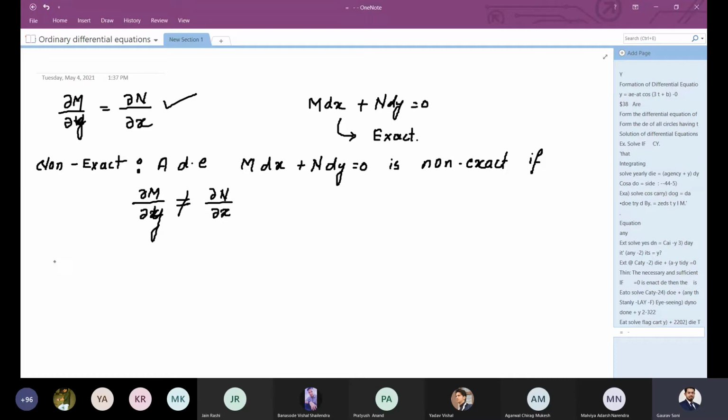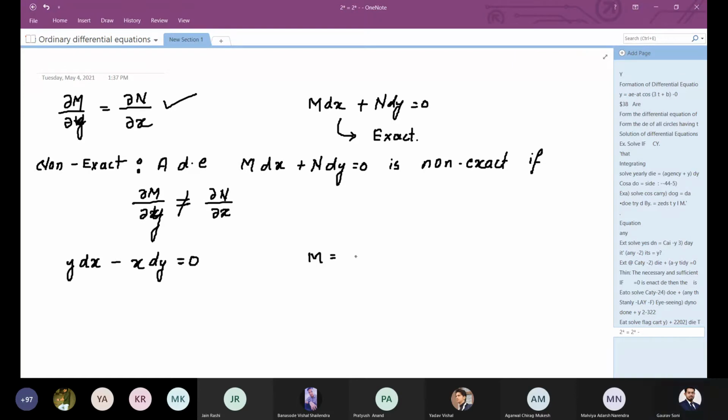Before going to the further terminology, I will write down a differential equation: y dx minus x dy equal to 0. So what is the value of M here?